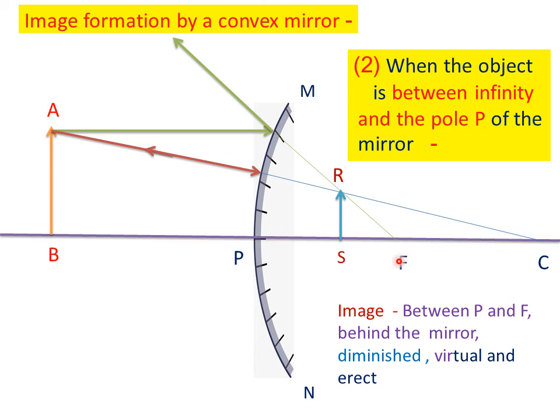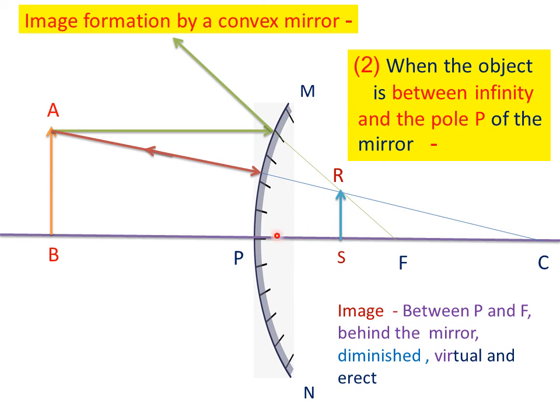When the object is between infinity and the pole, anywhere in front of the convex mirror, we get the image between the pole and the principal focus, behind the mirror. RS is the image here of object AB, and it is diminished, virtual and erect.